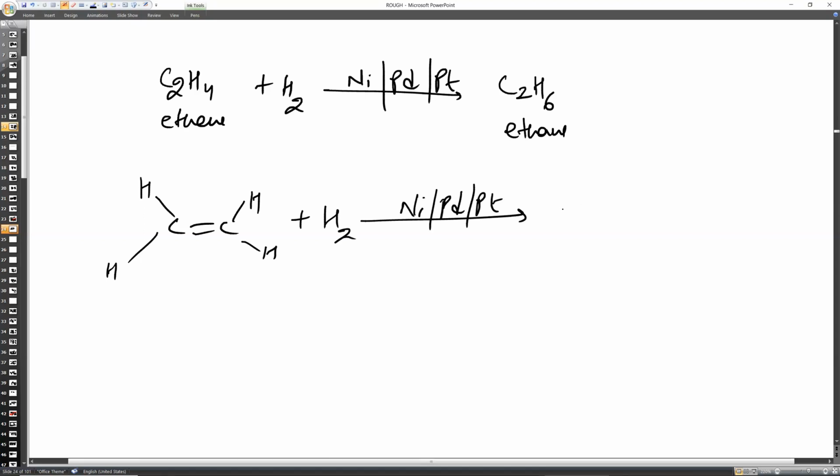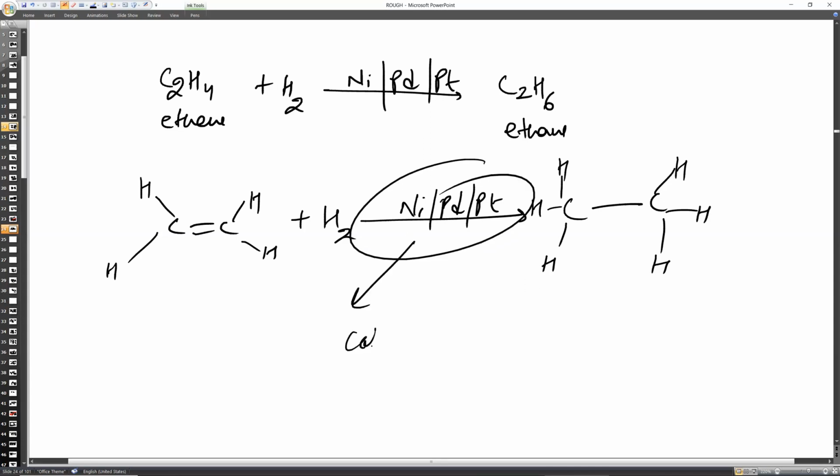You can take any one of them. Here these act as catalysts because they are not participating in the reaction. They are only speeding up the rate of the reaction.